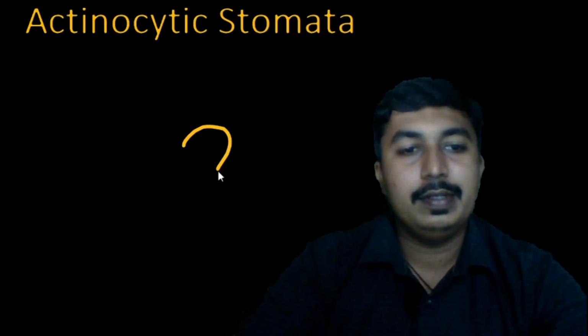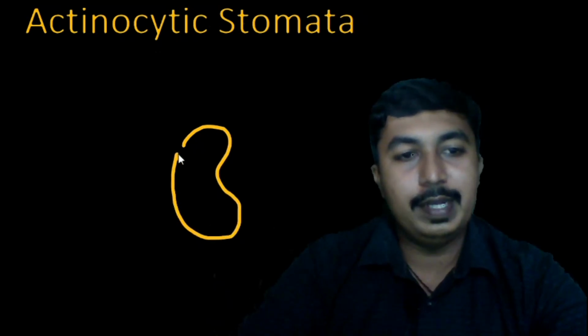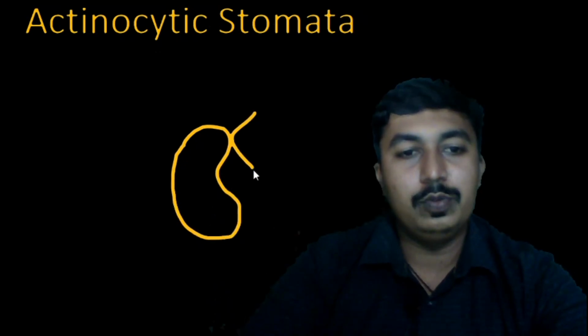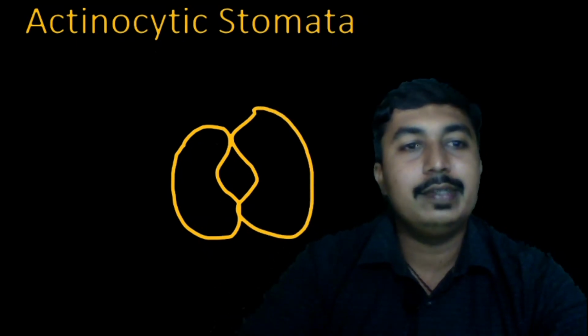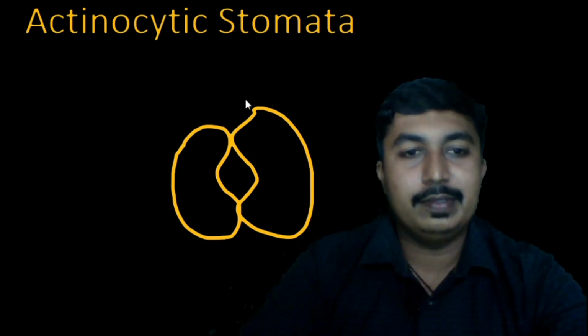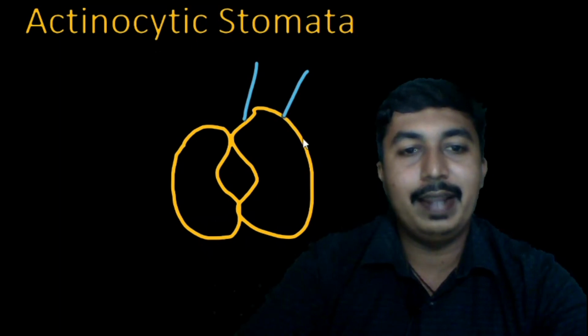Now the last type of stomata, that is actinocytic stomata. This actinocytic stomata is a somewhat special type of stomata. You can see here the arrangement of subsidiary cells. So these are the two different guard cells, and these guard cells are surrounded by subsidiary cells. But the arrangement of these subsidiary cells is radial.